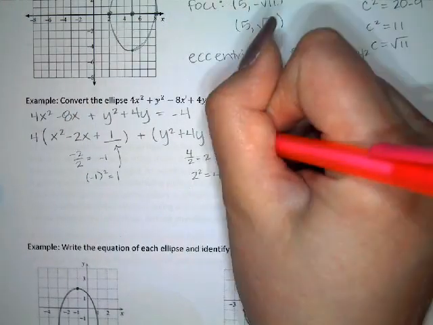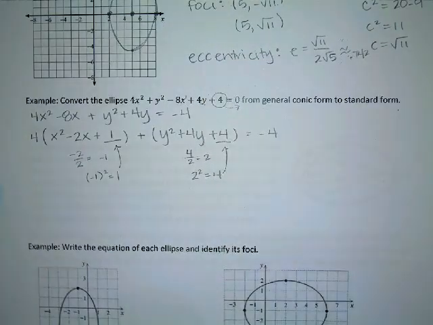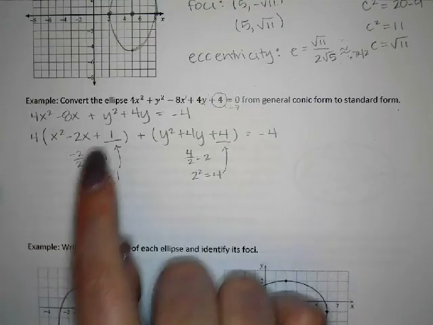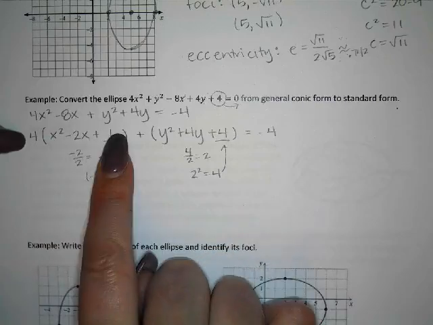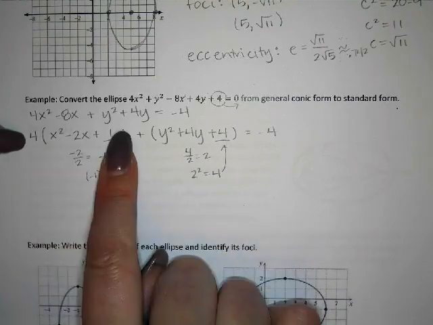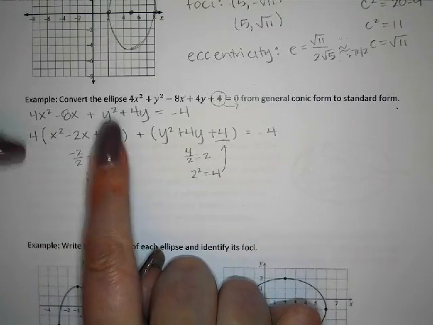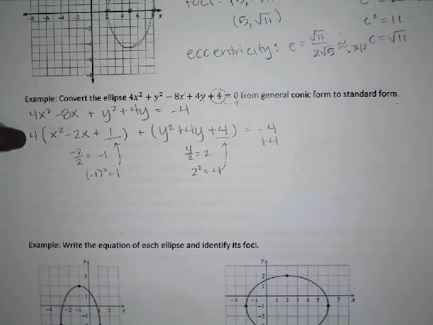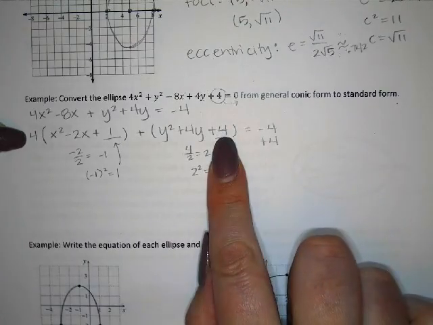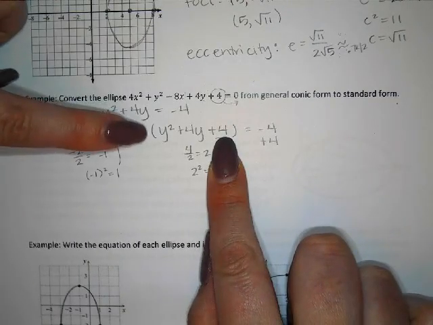And now we have to think about what number we added to the left side of the equation, so we can make sure we do the exact same thing to the right side of the equation. So here I have a +1, but I didn't really add 1. I really added 4 times 1. So 4 times 1 is 4. That means I added 4 to the left side of the equation, so I have to add 4 to the right side of the equation. And then over here, I have a +4 inside. There's no number in the front, so that means I really just added 4.